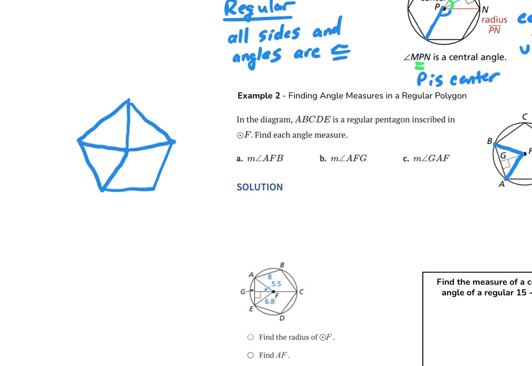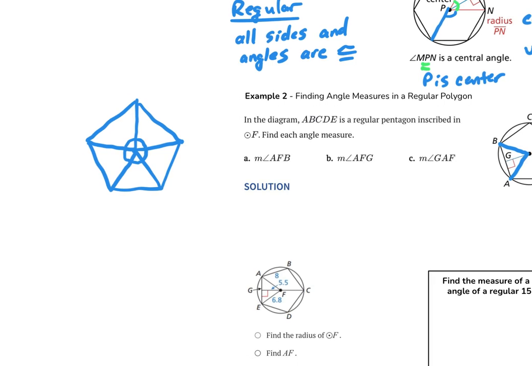If I were to draw in all 5 radii, what do you think would be true about all the 5 central angles that I have? What'd you say, Ryan? They're equal. Yep, absolutely. I have 5 central angles, and all 5 are going to be congruent. And not only are they all congruent, what does this form on the inside? A circle. If I put those 5 angles together, it makes a circle. You can kind of see it all there together.